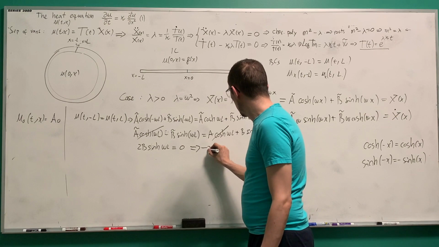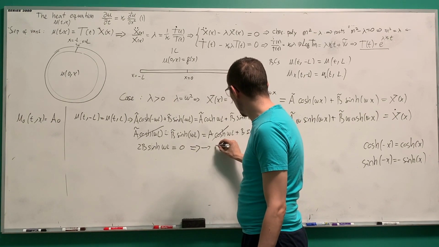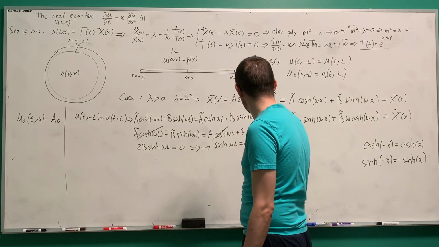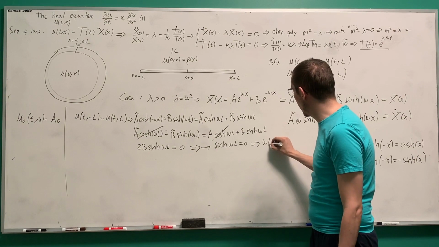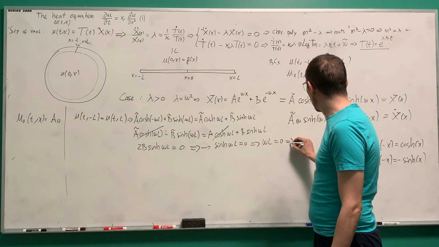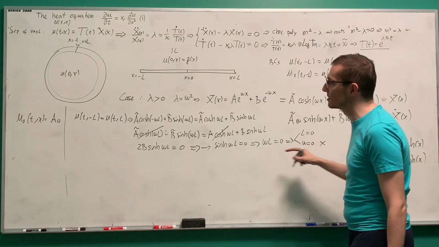So we have two options. Option 1, let's say, the sinh of omega L is equal to 0, but that implies that omega L is equal to 0, because remember that's the only zero of the function. But that implies that either L is equal to 0 or omega is equal to 0. This one is inconsistent.